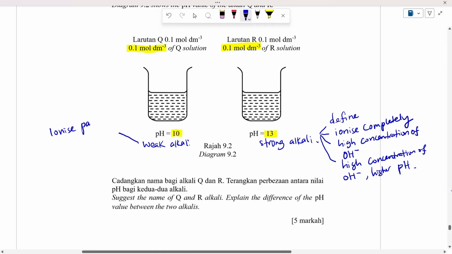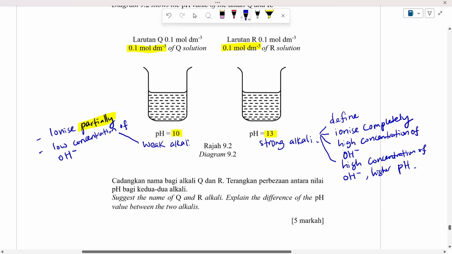Then for weak alkali, what is the definition? Ionize partially. I hope until now all of you know how to define it correctly. Then how about the concentration? Low concentration of hydroxide ions, and lower pH value.